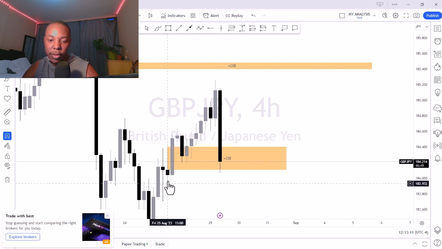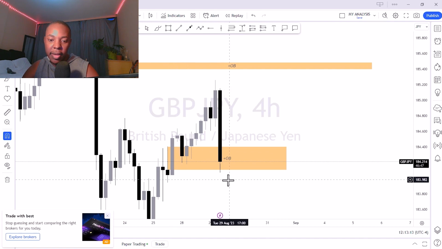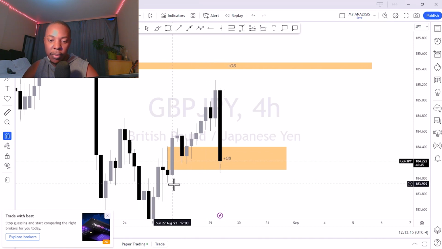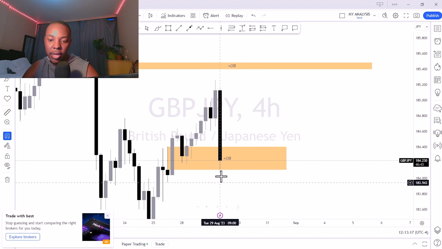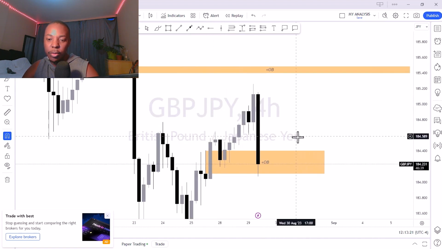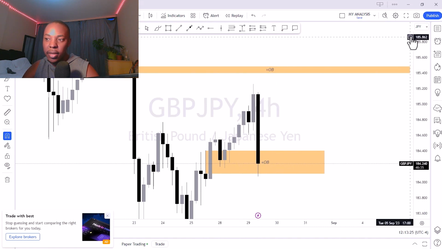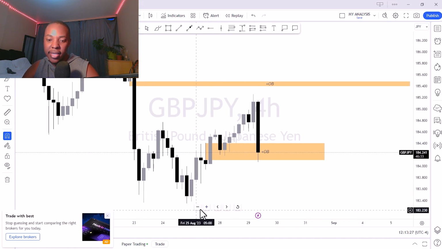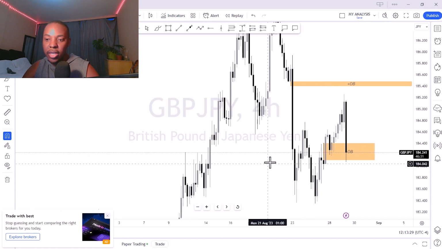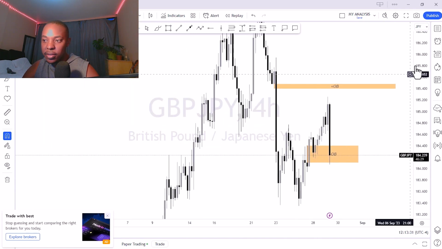If it closes below this is where I had my SLs, just right below this order block. So hoping it holds and then see more bullish movement into that order block up there. I was hoping it will actually get there, but as you can see, it reversed before it did that.